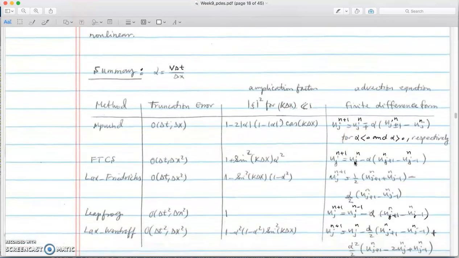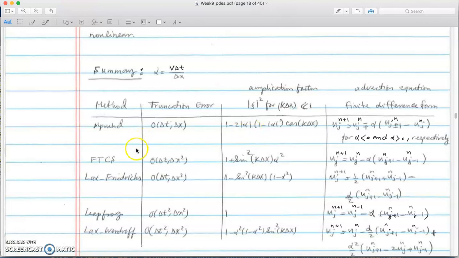I think alpha less than 1 was the condition for upwind. And this is the discretization equation. Depending on whether alpha is positive or negative, you have to use plus or minus here, and then you go forward or backward in space. We talked about that because upwind really depends on which direction the flow is coming from.